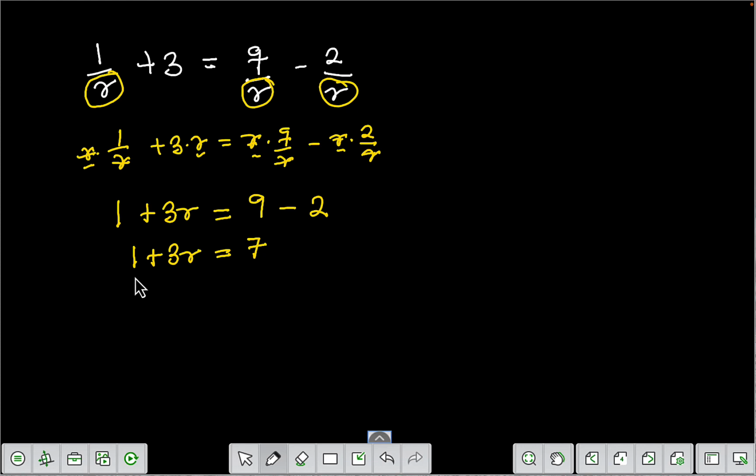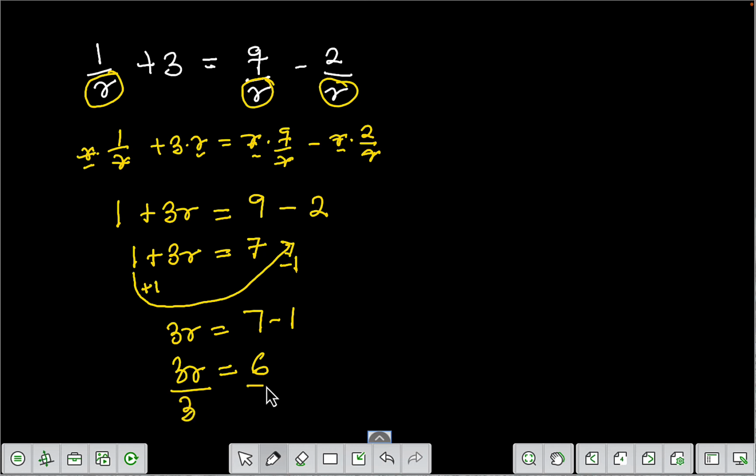So let's transpose. We're going to move 1 from here to the other side of equality. It is positive 1 here, so it will wind up becoming negative 1 there, right? So 3r equals 7 minus 1, and 3r is equal to 6. Divide both sides by 3. So r equals 2.